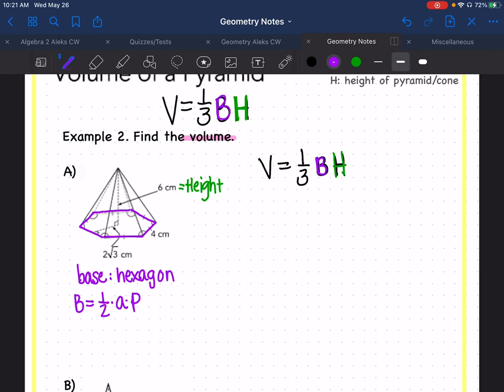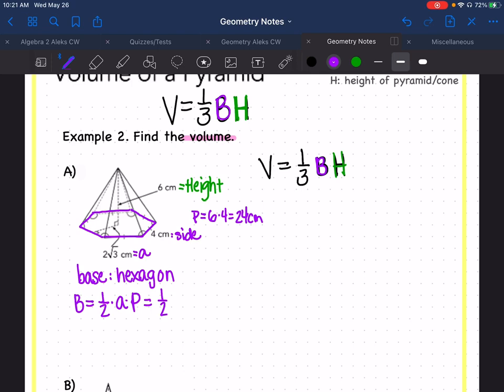Now, the apothem is this one right here, and this is the side. This is going to help me find my perimeter. To do my perimeter, if you remember, it's the number of sides, 6, times how long each side is, which gives me 24. And of course it is centimeters, but that's okay.